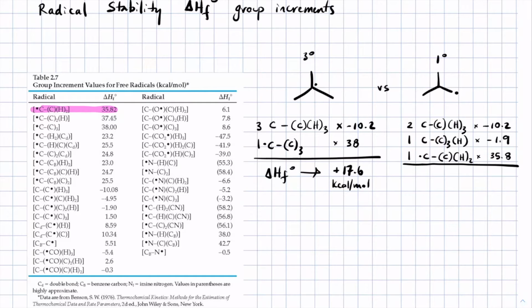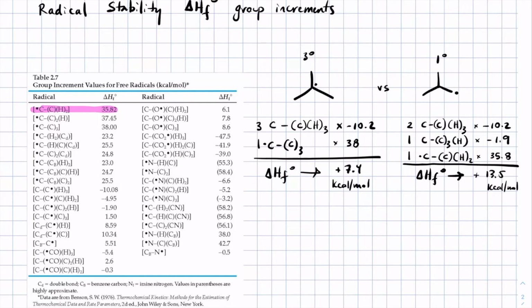Oops. Except Joshua doesn't know how to do math. We're uphill by 7.4. We do the same thing here, and we conclude that the primary radical has a heat of formation of plus 13.5 kcal per mole.